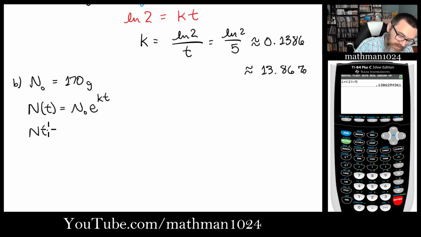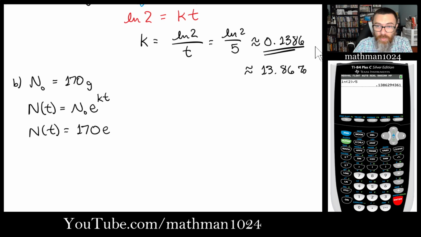So that means my function, the initial value is 170, e to the, that's the k value we want to use. We don't want to use the percent, we use the decimal. So 0.1386 times t. So that's the formula that we will use.